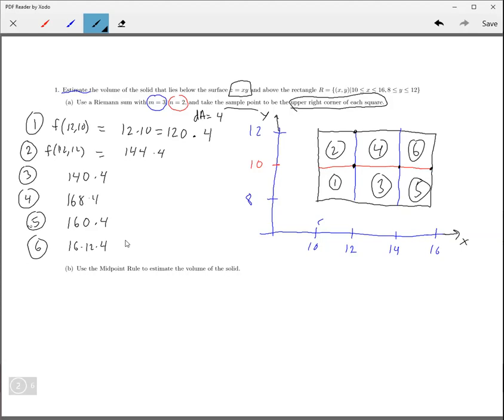So you add all these up. Let's see here, 120. Okay, did you guys add them up? 3,408.